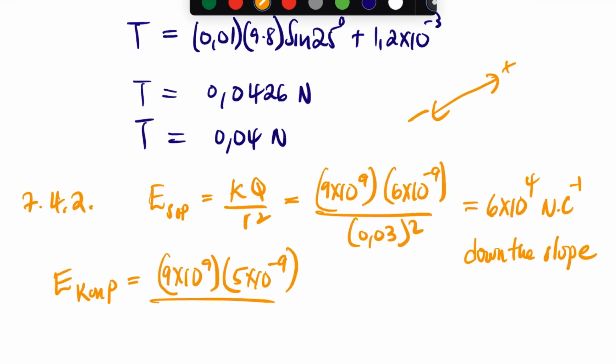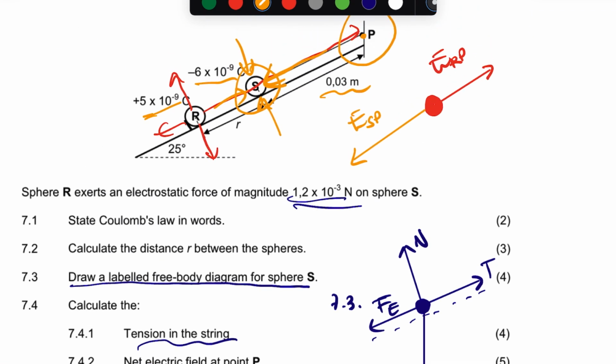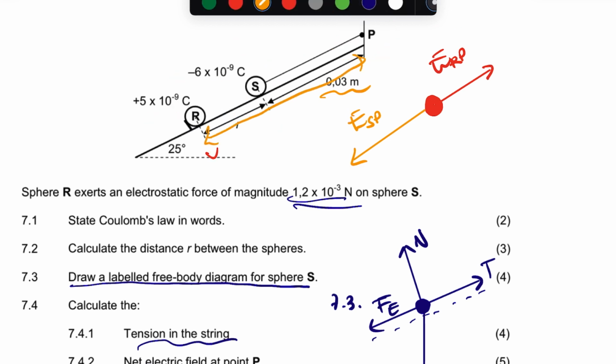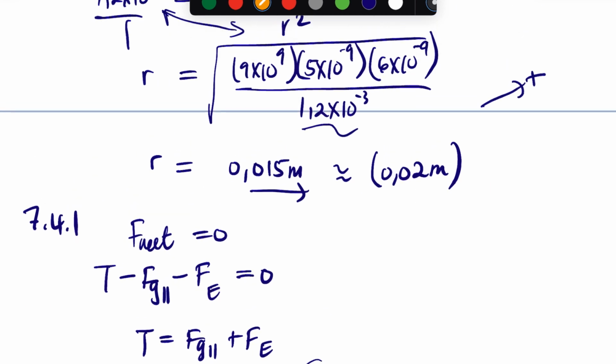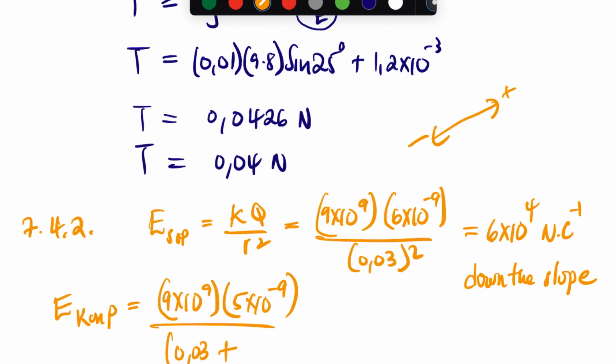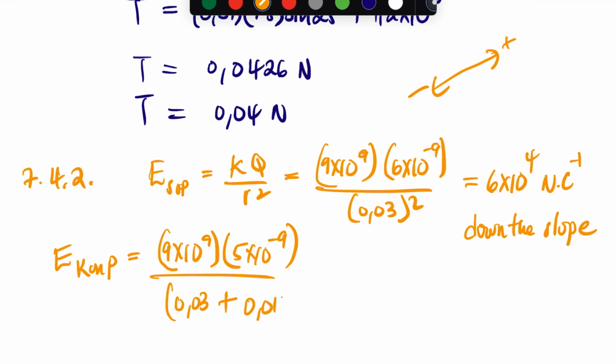And then the distance, remember, is from here to there. So I'll add 0.03 plus this distance, which is 0.015, squared.